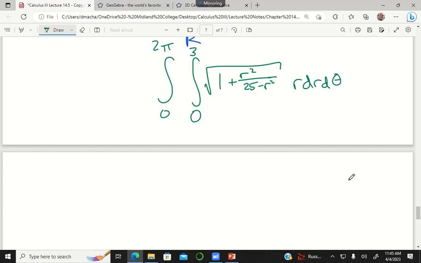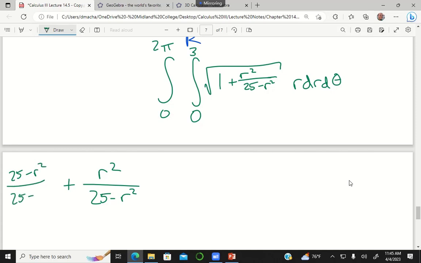So what I want to do here is manipulate the inside of the square root a little bit. Where I have 1 plus r squared over 25 minus r squared in my radicand, let's multiply that 1 by 25 minus r squared over 25 minus r squared.